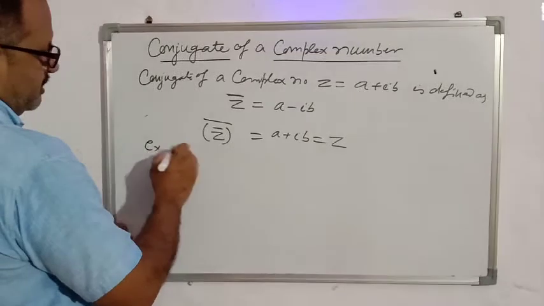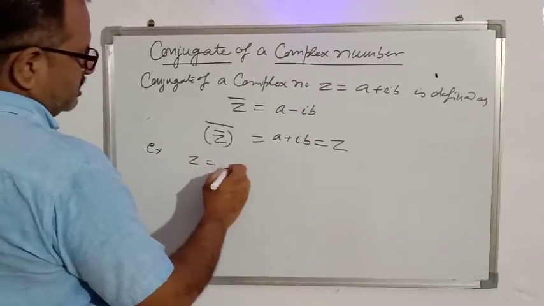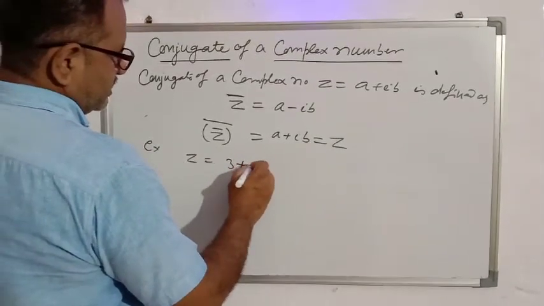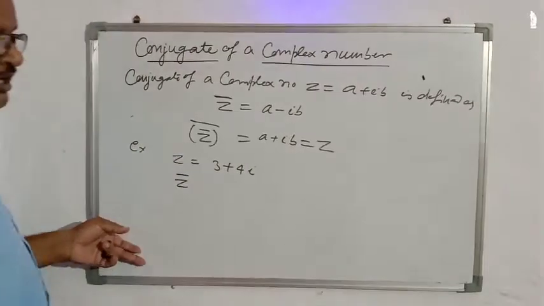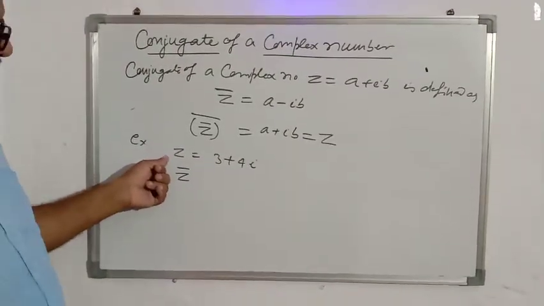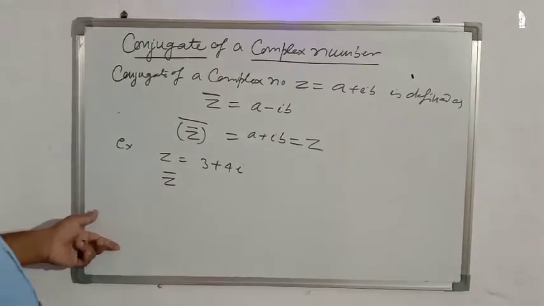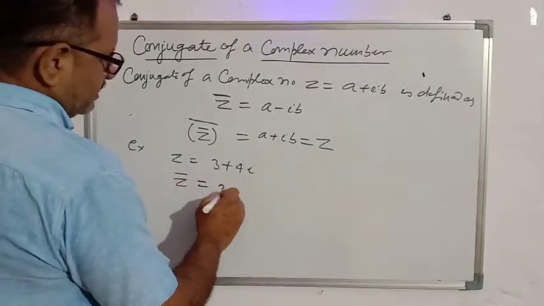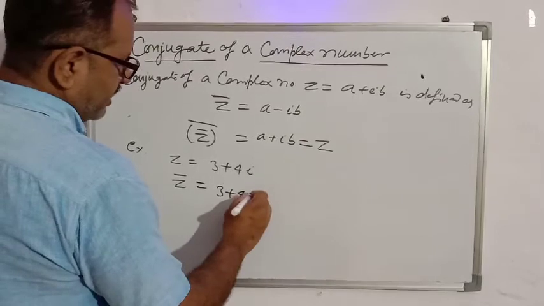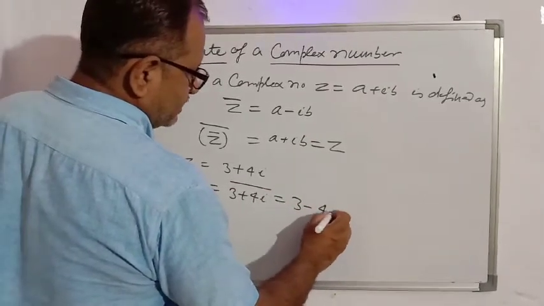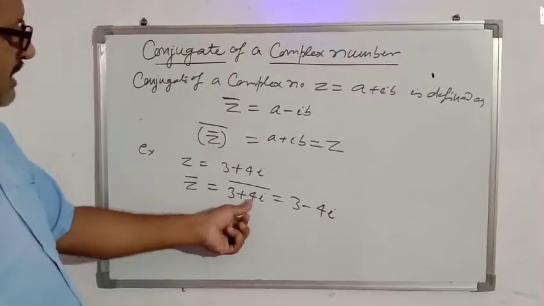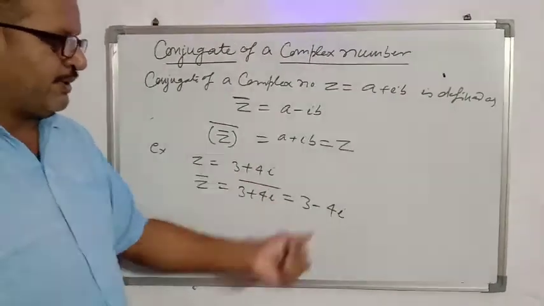See the example, suppose z is equal to 3 plus 4i. So what will be z bar? Z bar means complex conjugate of z. So z bar will be bar of 3 plus 4i, and it is defined as 3 minus 4i. We will change the sign of the imaginary part.